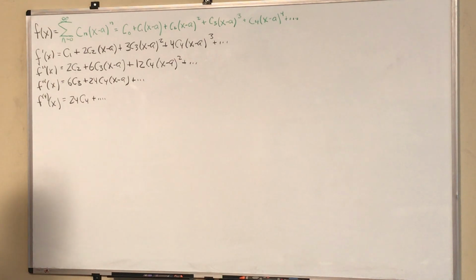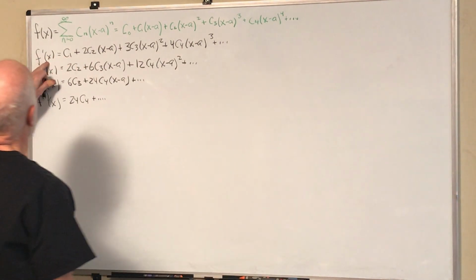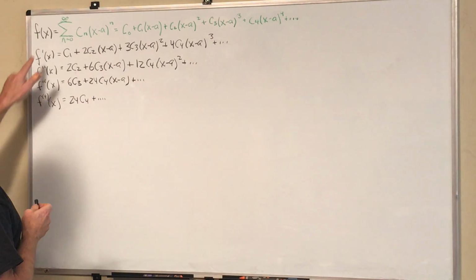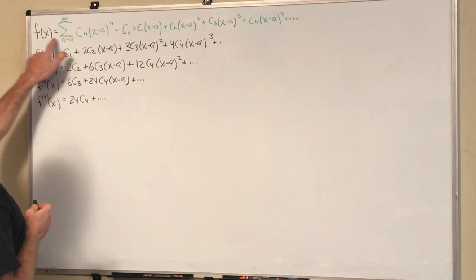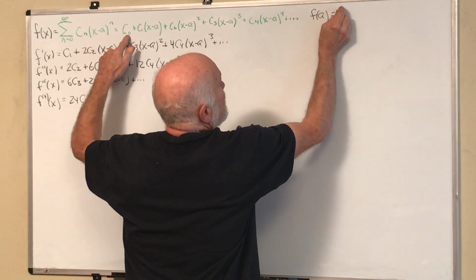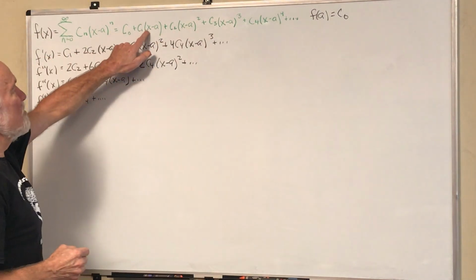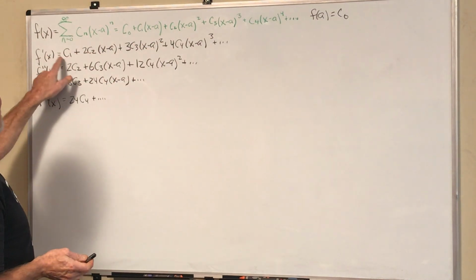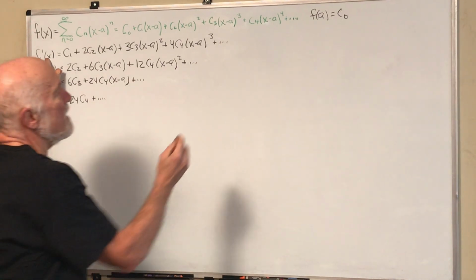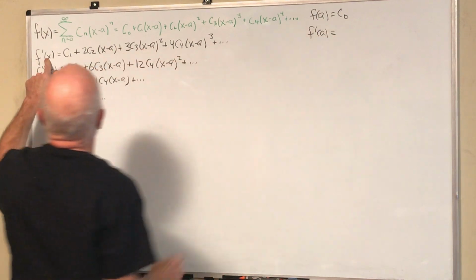So the whole goal is to try to find out what these C's are. So what I'm going to do now is put into every one of these functions, for x, I'm going to put in a. So f of a is going to be C0, and then everything else wipes out because you have x minus a equal to 0. And then f prime of a, we get what?